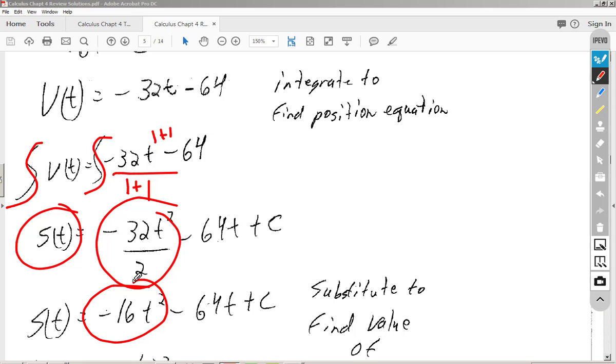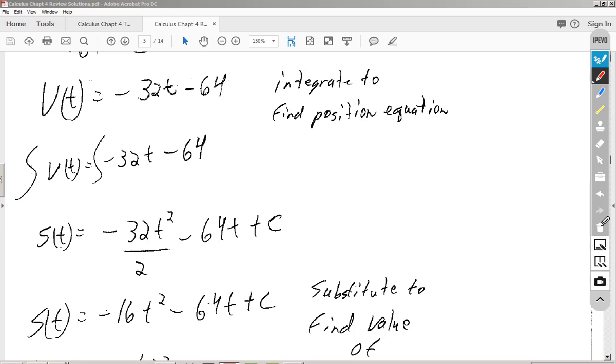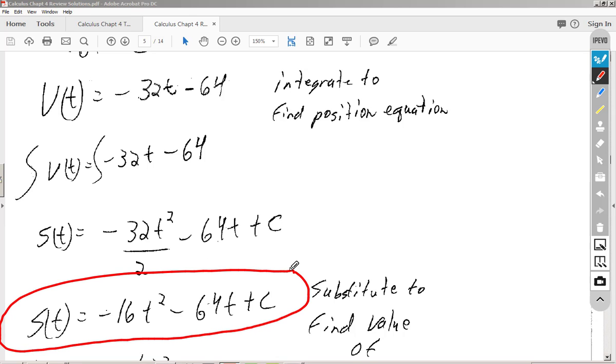And then when I go ahead and integrate the negative 64, well, remember that is t to the 0. And you do the 0 plus 1 all over 0 plus 1, which is going to give you that negative 64t. So far my position equation is negative 16t squared minus 64t plus c.